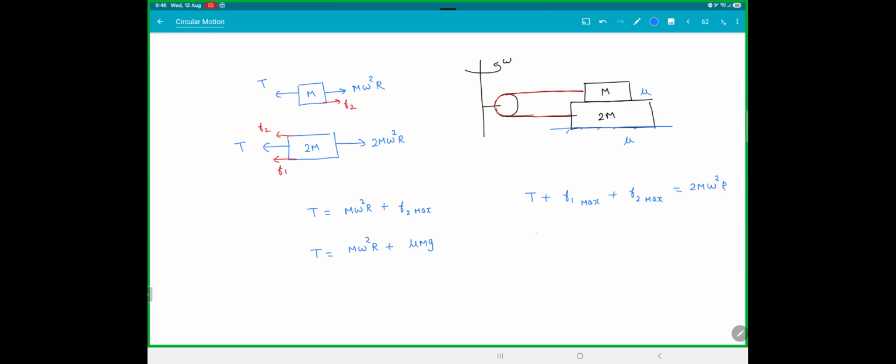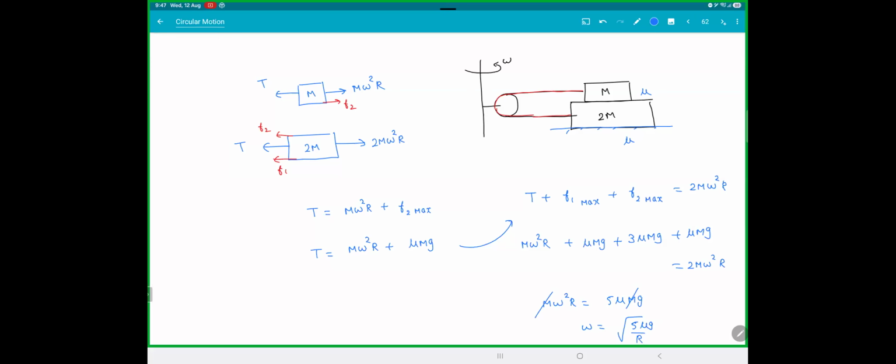Take this and substitute here: m omega square r plus mu mg, F1 will be 3 mu mg, plus mu mg is 2m omega square r. We get m omega square r is equal to 5 mu mg. m goes off. We get omega will be root over 5 mu g by r. This is your maximum. If you go anything more than this, the blocks will slip.